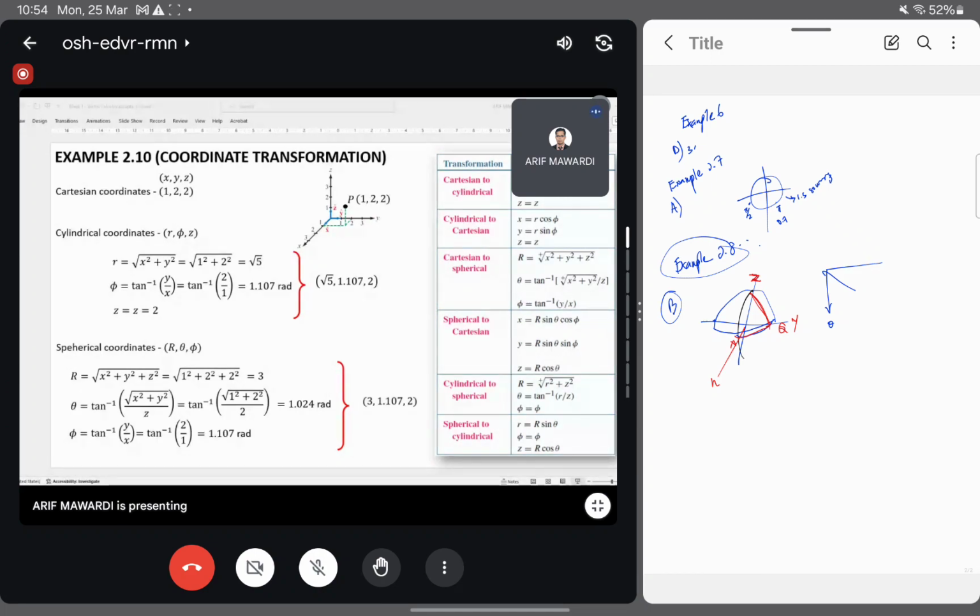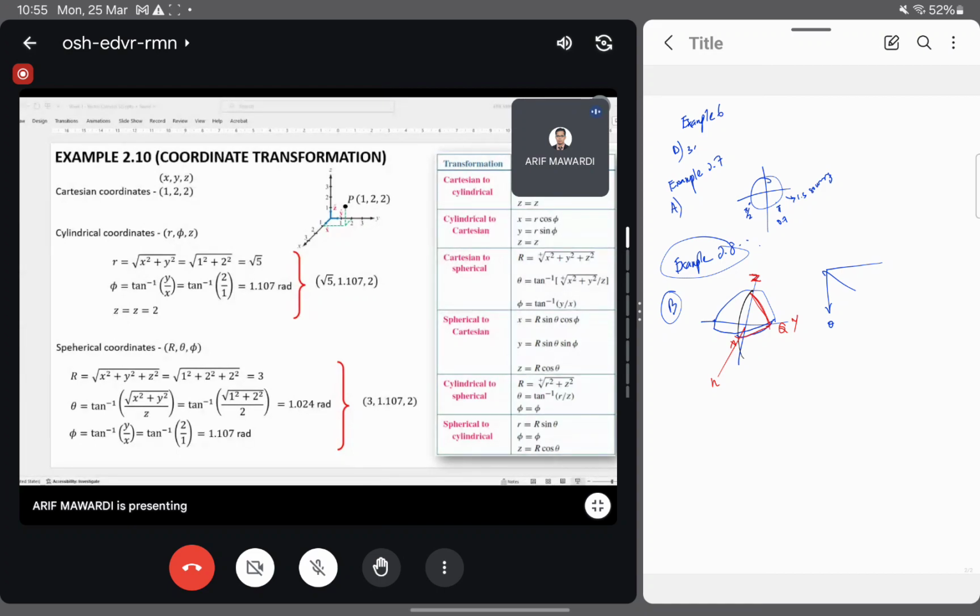This is what I am interested in. I want to determine the values of r, phi, and z for this point. So this relationship here allows me to convert the Cartesian coordinate system to the cylindrical coordinate system.